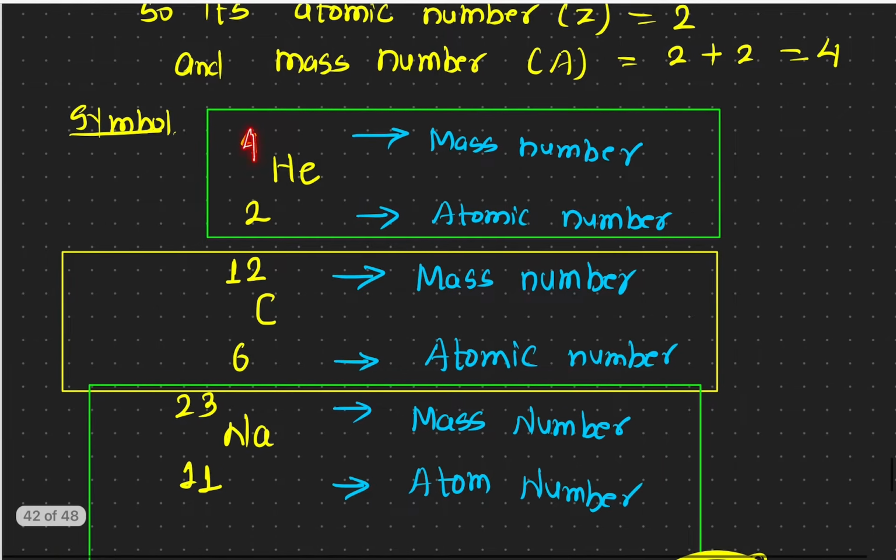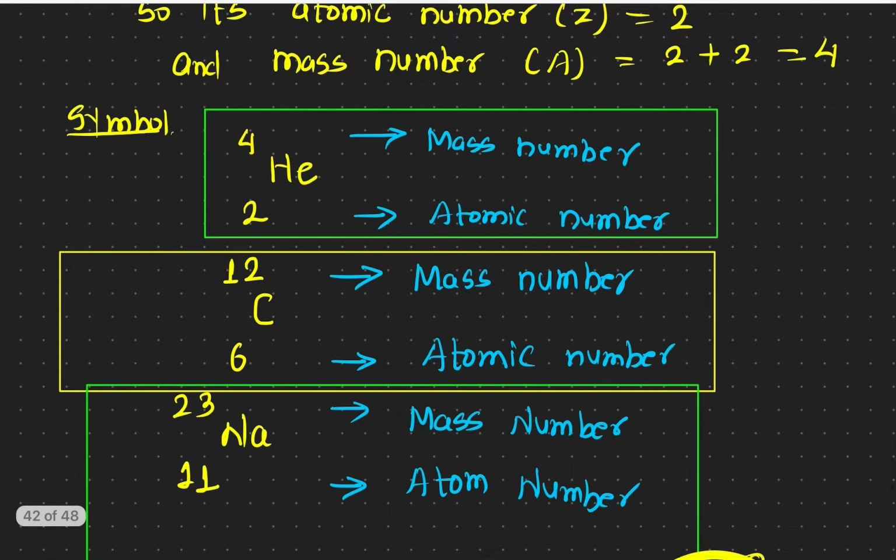And the 4 means how many particles you have inside the nucleus. So this 4 means the number of protons plus number of neutrons. As the number of protons and neutrons together is 4 and the number of protons is 2, the number of neutrons must be 2.